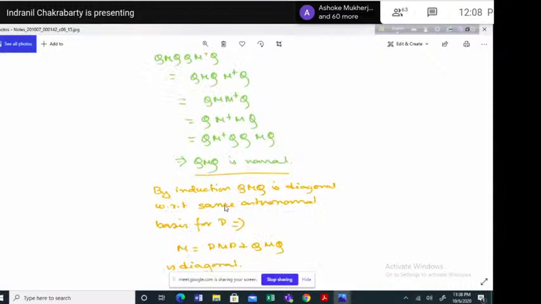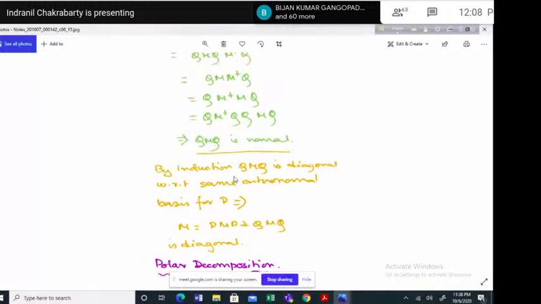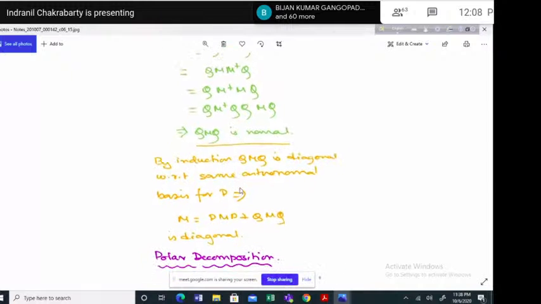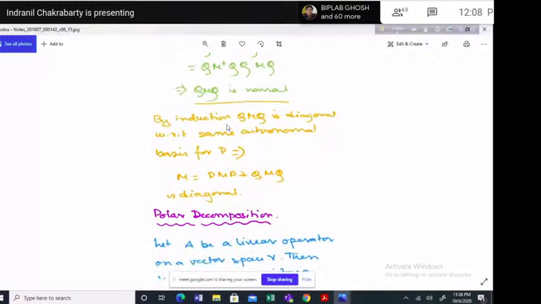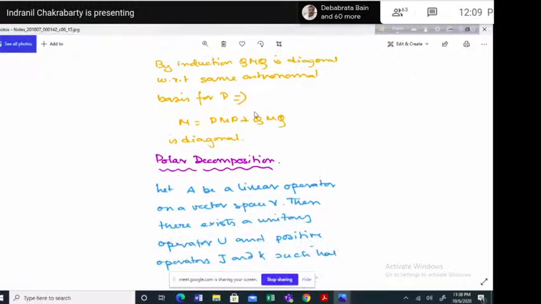So by induction, I am saying that QMQ is diagonal with the same orthonormal basis for P. Why am I saying this? Try to find out.